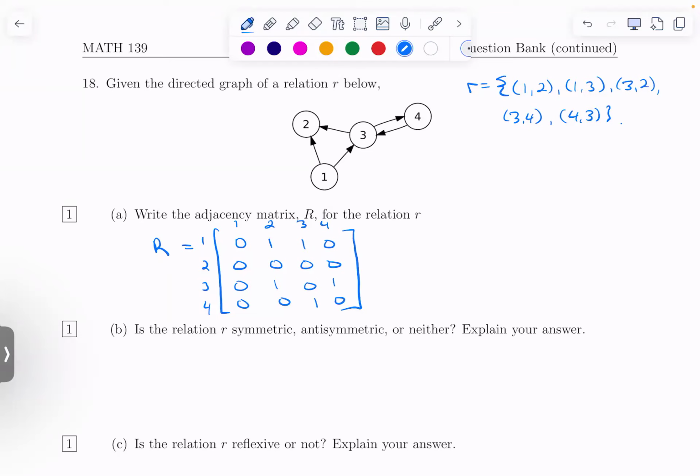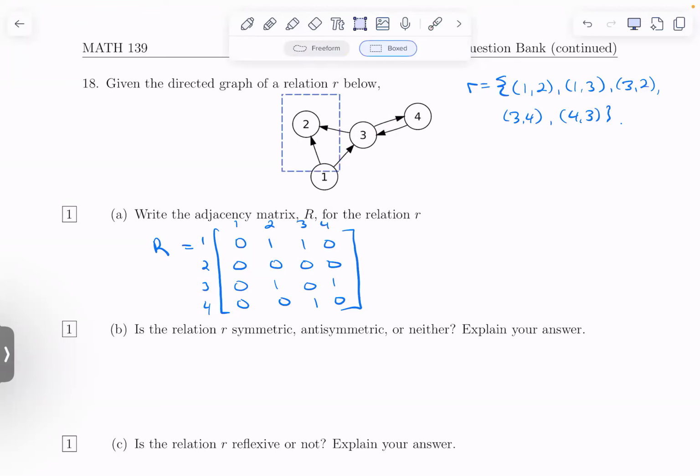Is it symmetric? Is it anti-symmetric? Or is it neither? Explain your answer. With a graph, that makes it easier, right? It's not symmetric because of each of these.